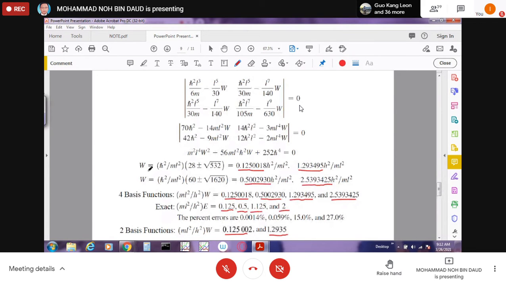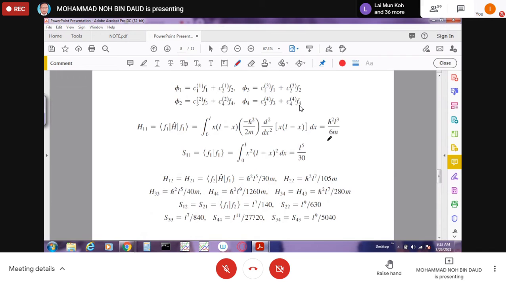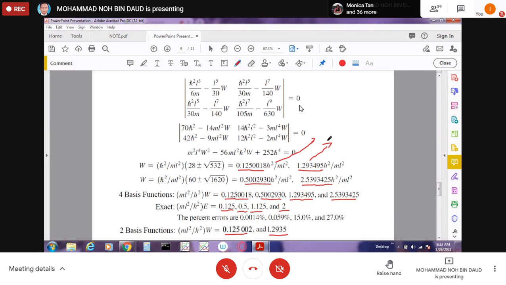After we obtain this true energy, we can substitute, for example, these two energies into the two simultaneous equations from the secular determinant.